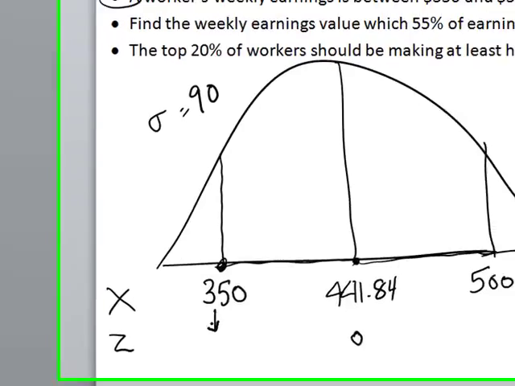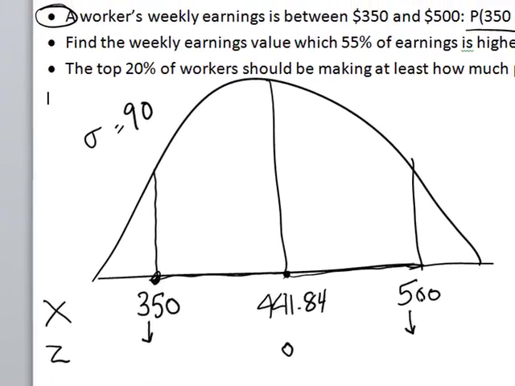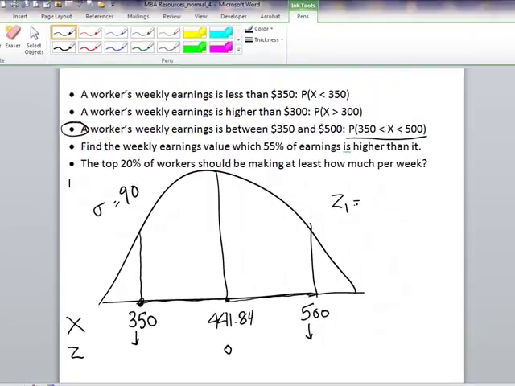The 350 and 500 equivalent z's are, I'm going to write them as z1 and z2. If you compute them, you get 350 minus 441.84 divided by 90, which we found in an earlier video to be negative 1.02.